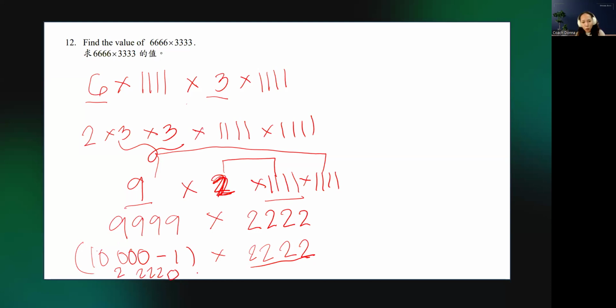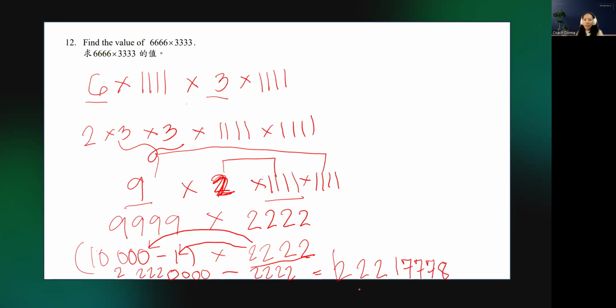So 1, 2, 3, 4 zeros. All right? Minus, we basically distributed this one. Minus, copy the minus sign here. 2222 times 1 is still 2222. So if you subtract that one, we'll have an answer of 22217778.